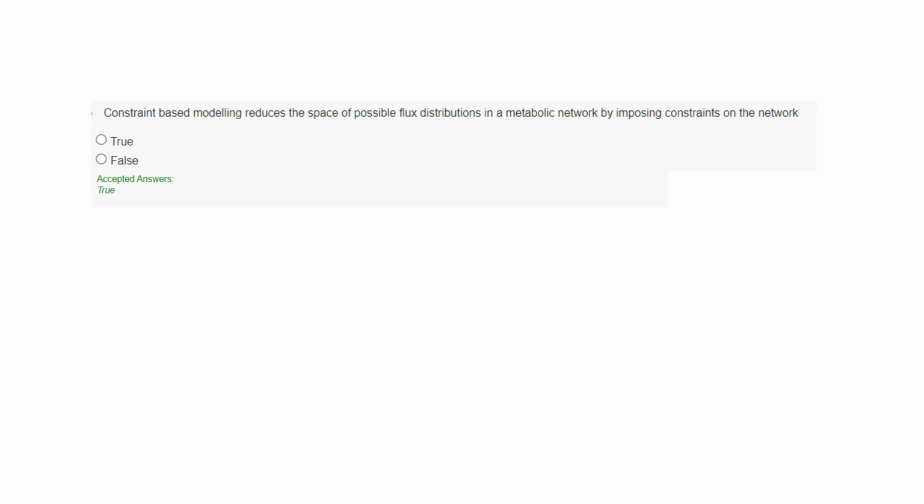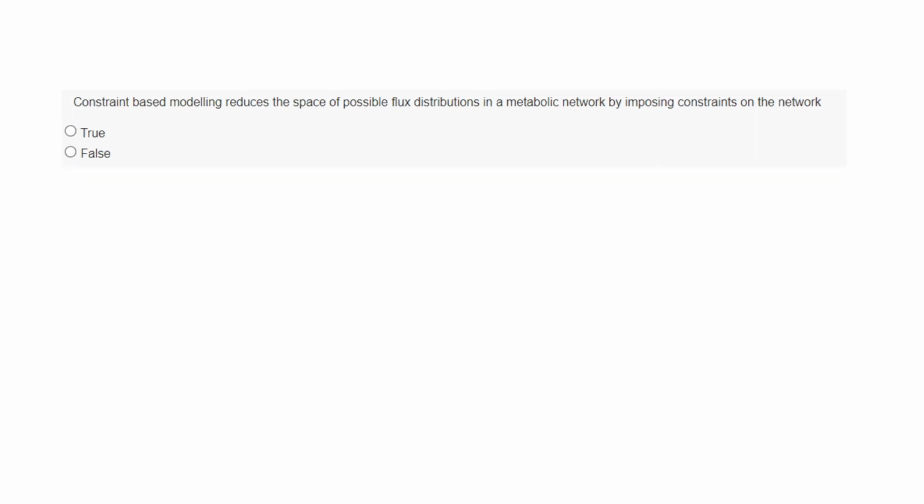If you put some boundary conditions on those, then the space will be smaller after you put the constraints. The whole idea is to reduce the space of possible flux distributions so that you have the least number of possible optimal solutions, because your solutions will not be unique. So yes, this is true.